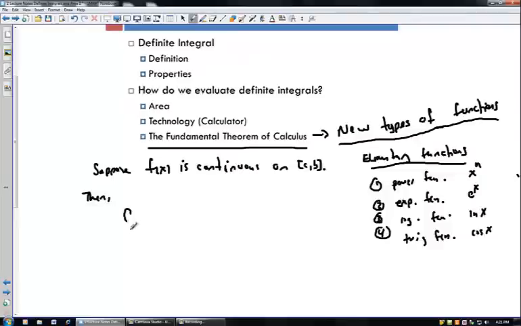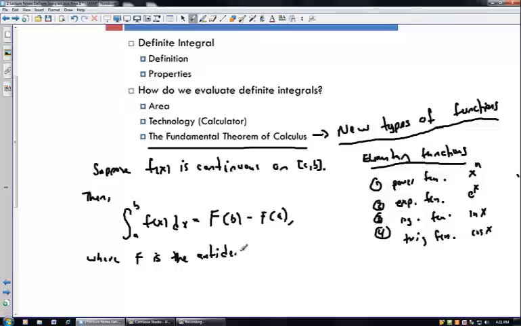All right, then what we know is that the integral from a to b of f of x dx is equal to capital F of b minus capital F of a, where capital F is the antiderivative of little f, i.e. capital F prime of x is equal to little f of x.